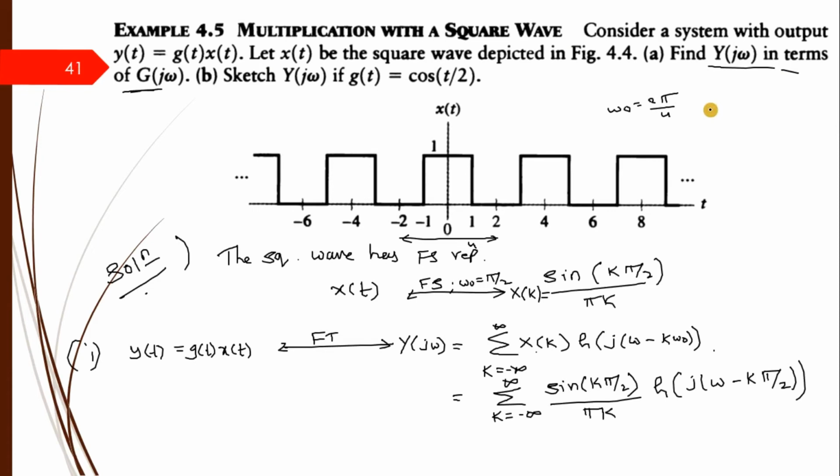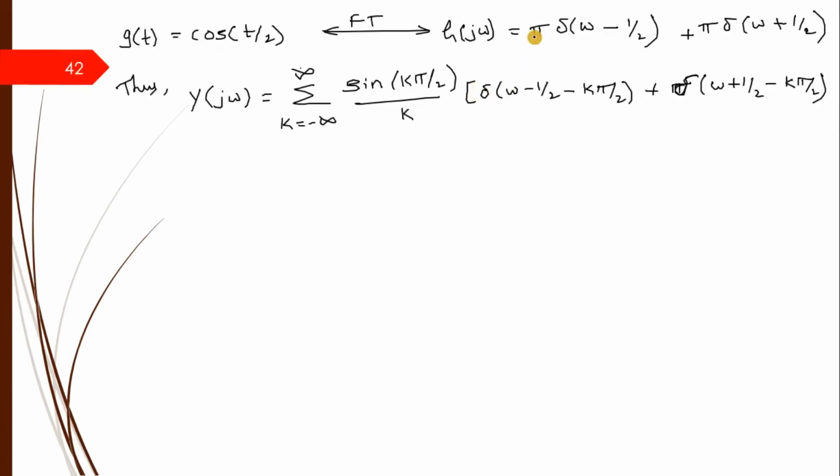Here this pi and the pi which was coming from here, these two get cancelled. So this is the final answer.